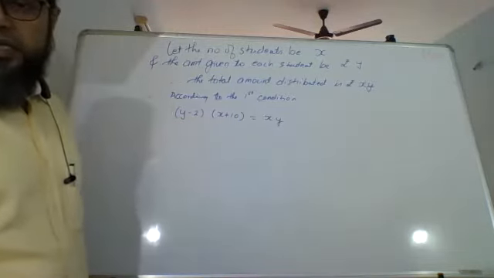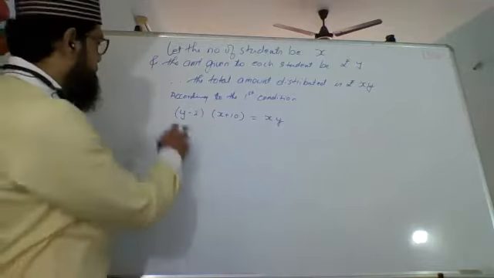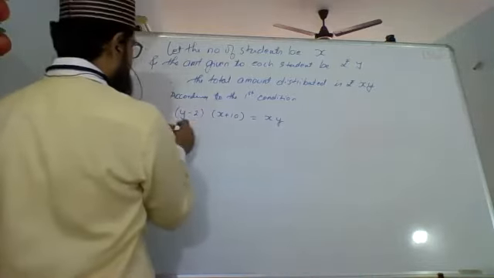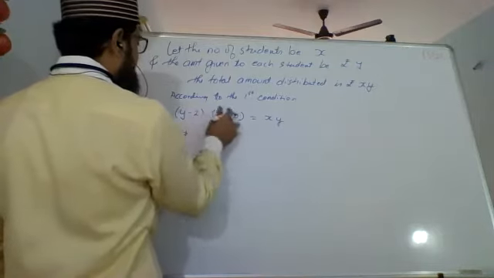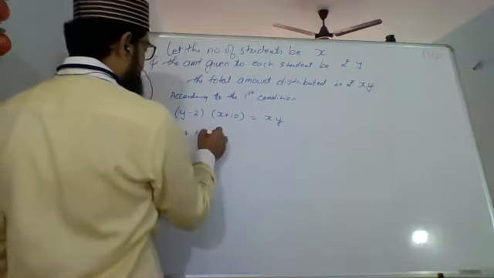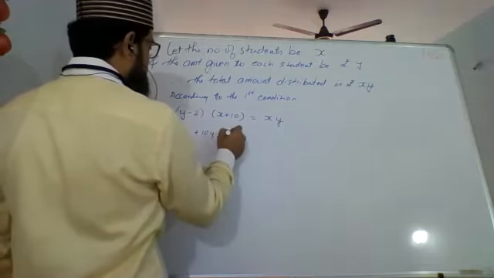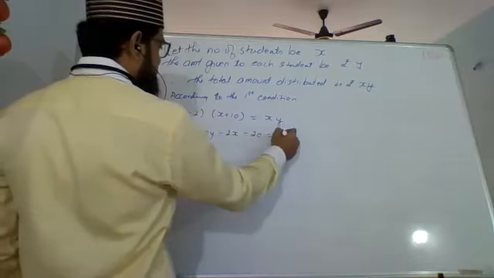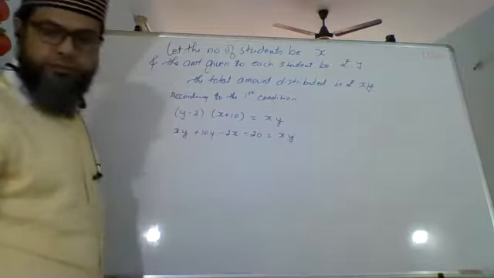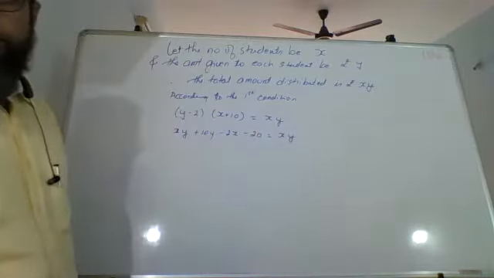Open the bracket, simplify that, you will get the first equation. You will have y into x, which I'll write as xy. Y into 10 is 10y, minus 2x, minus 20, equals xy. Okay.